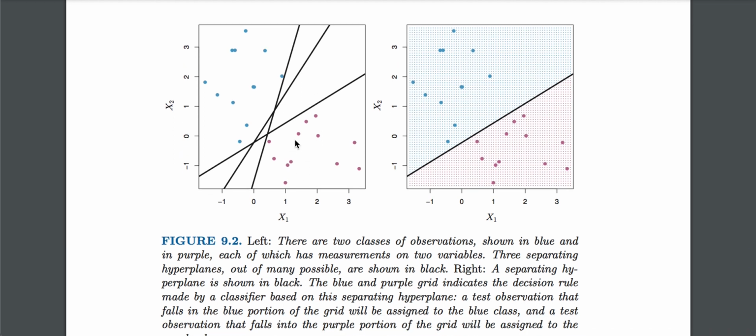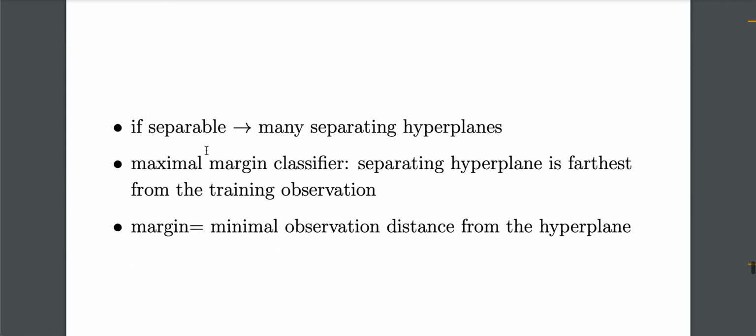Well, the key here is to see which of these three hyperplanes is farthest from the training observations. That's what the maximal margin classifier would choose among all these hyperplanes, because we have infinitely many hyperplanes if the data is separable, right?